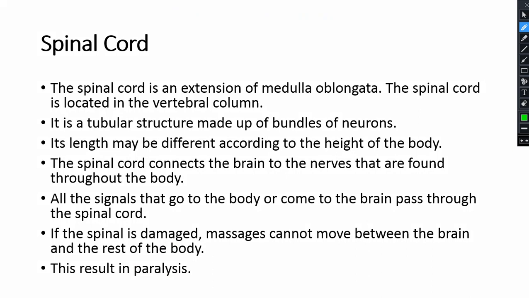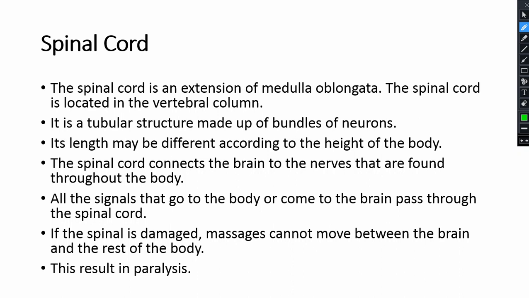This results in paralysis. Now, if you remember, in the previous lecture we learned about the brain, its parts, and what their functions are. All this information was carried to the brain from the body, and the body was creating a response to it.